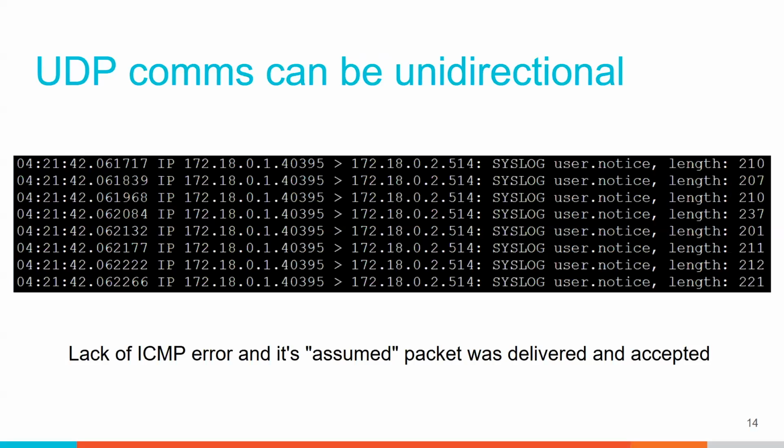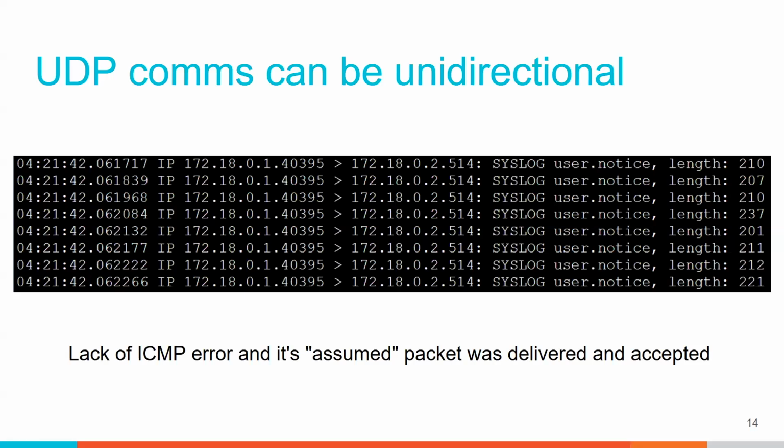The thought process is if that system didn't get the packet because it was too many hops away, you'll get an ICMP error. If the port's closed, you'll get an ICMP error. So UDP is really relying on, hey, for most things that might go wrong, I'll get back an ICMP error to let me know something went wrong, and I can take action accordingly.